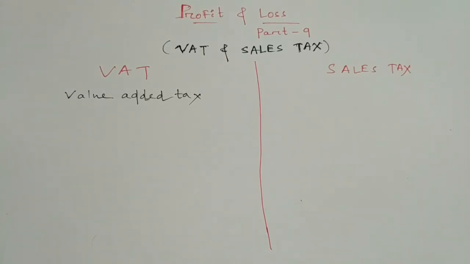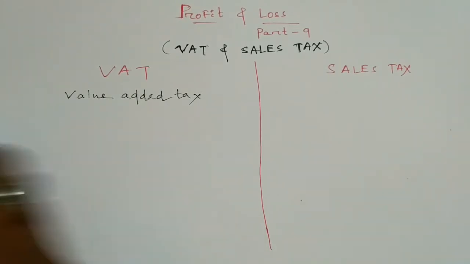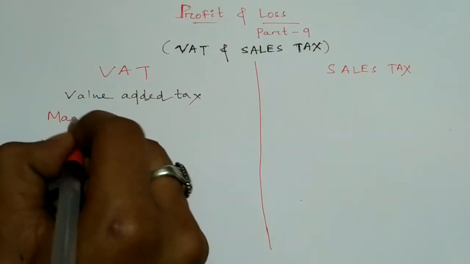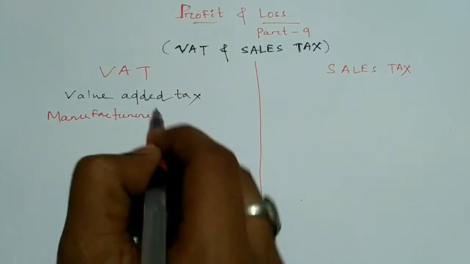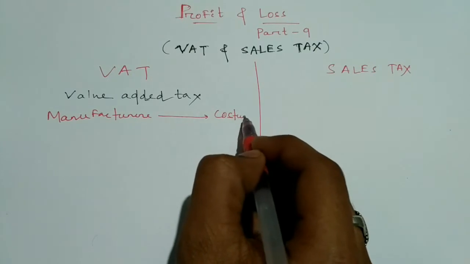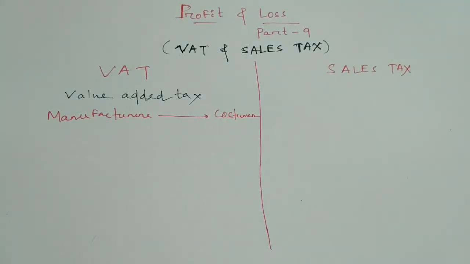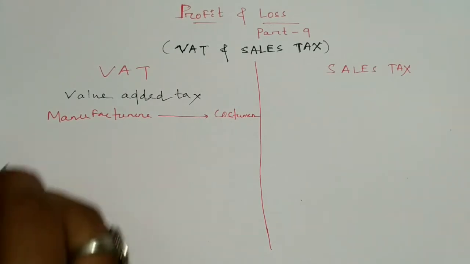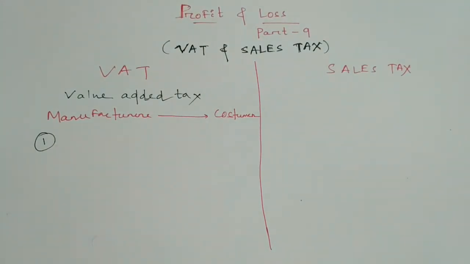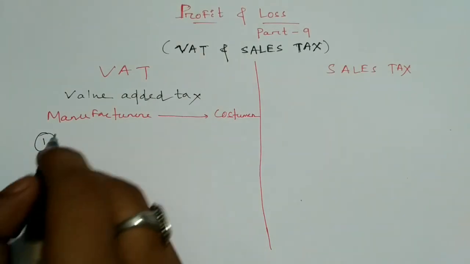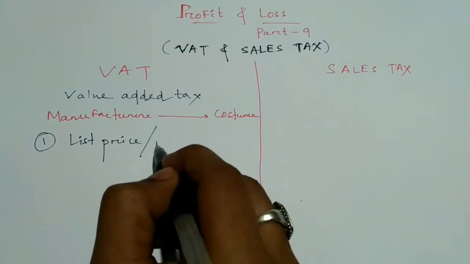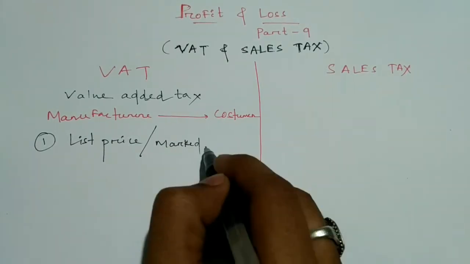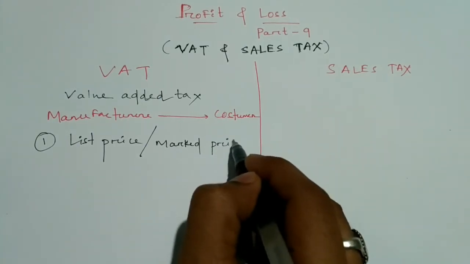That means value added tax is calculated upon each stage, from the manufacturer to the customer. The most important thing is that VAT is calculated upon the list price or the marked price.